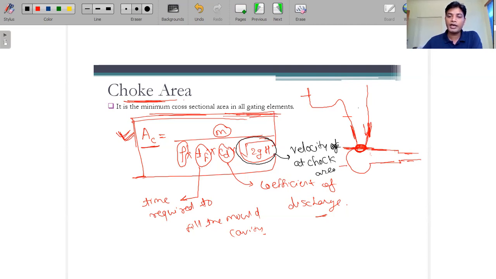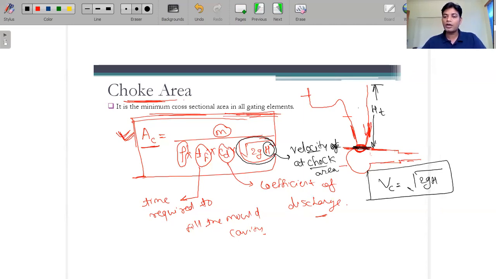But if we are talking about the height, then this is the height from the pouring basin. If I am talking about this as the cross sectional area, then this is the total height, that is Ht. So Vc will be equal to root 2gh, or Ht also we can write. So root 2gh is nothing but the velocity.